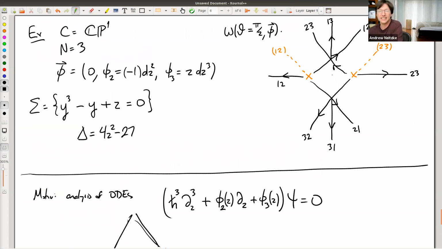So these spectral networks would appear automatically from trying to construct solutions of this equation by singular perturbation theory in H-bar. That's one place where they would come up.